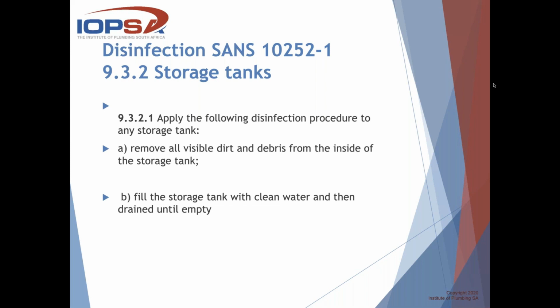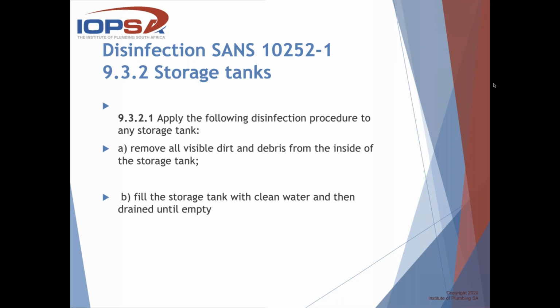You refill the storage tank with clean water and add a solution of sodium hypochlorite to the water until a free residual chlorine level of 50 milligrams per liter in the water is measured. That's quite easy. You can weigh it off, and the capacity of the tank, measure it, and you know exactly what the level should be.